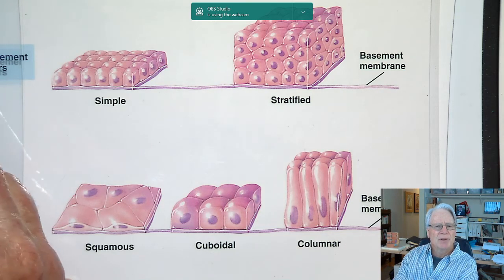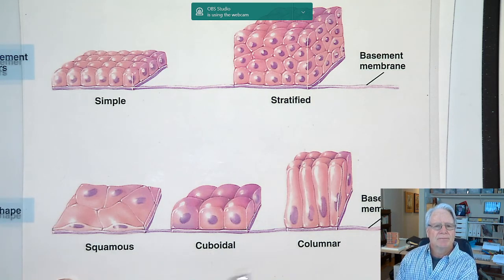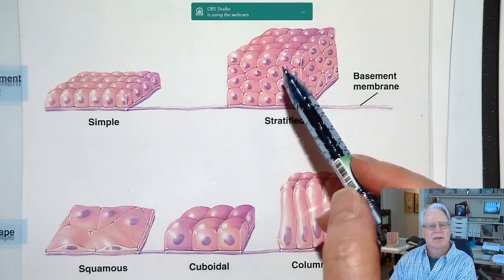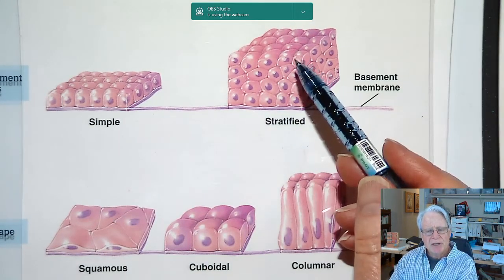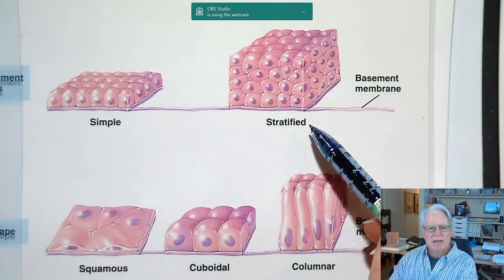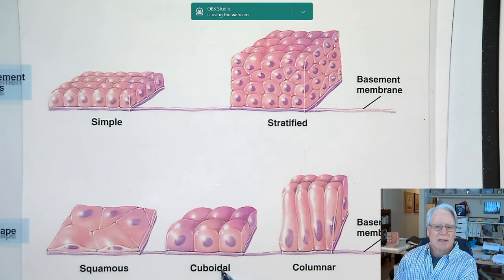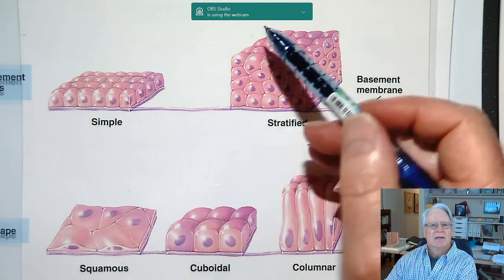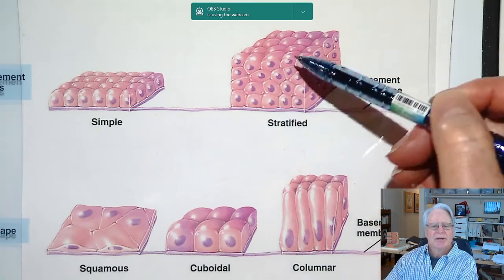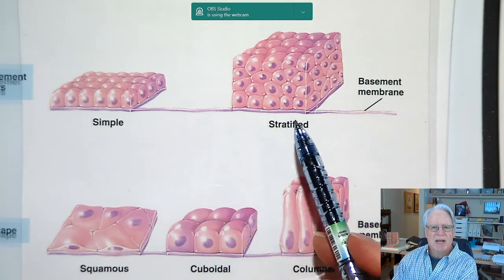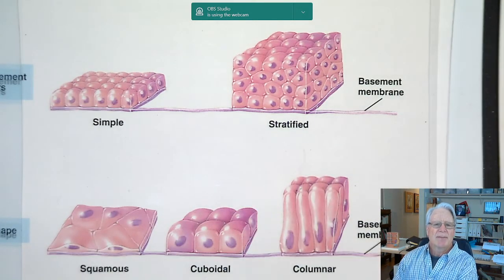One layer, simple, cell shape cuboidal. What about this? Well, I have multiple layers. So this would be stratified cuboidal epithelium. Multiple layers, cell shape, stratified cuboidal epithelium.